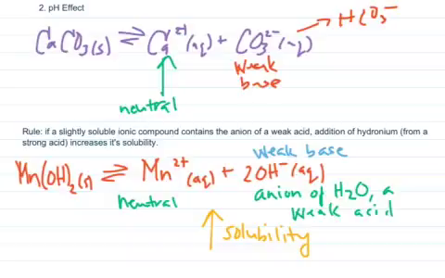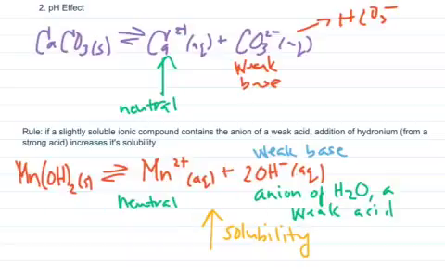We're just playing back on that. So we're going to work backwards. If I have a weak base, that is an anion of a weak acid, I know the solubility will increase. If my solubility increases, that means the concentration of that ion had to decrease, and the equilibrium needs to shift to the right.